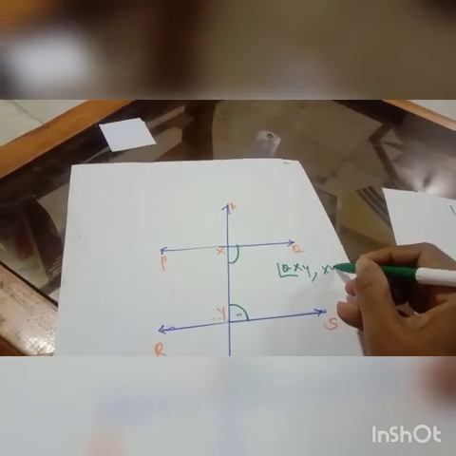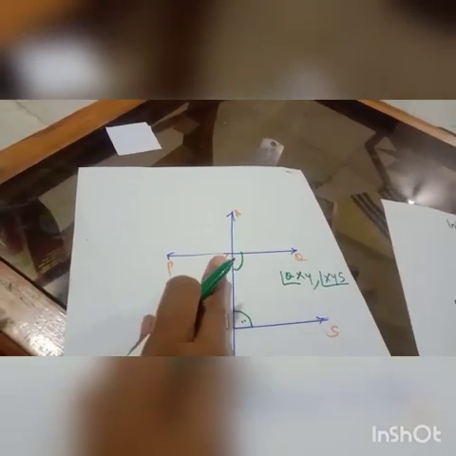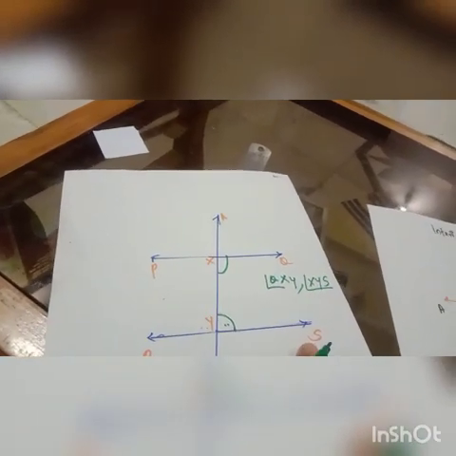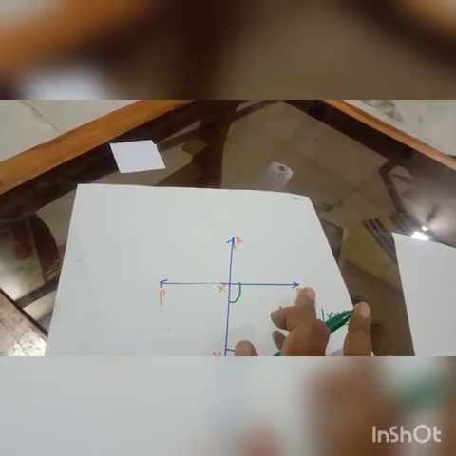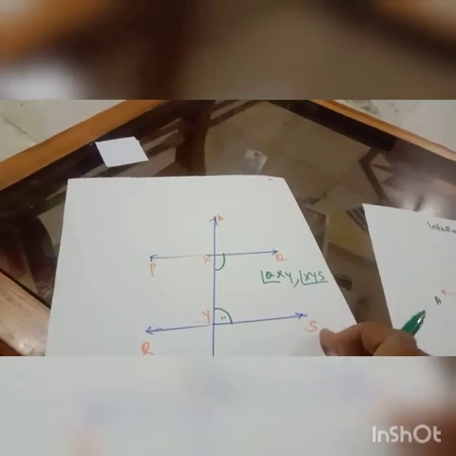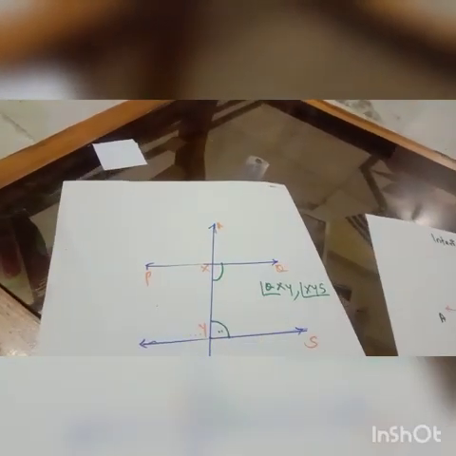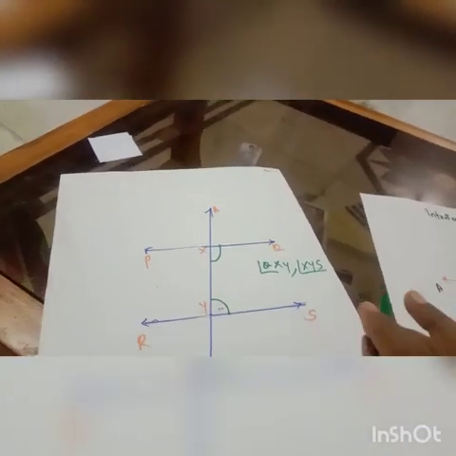X, Y, S. Listen, X, Y, S. Okay, you say the other method. In this X, how can we write? Y, X, Q also you can write. S, Y, X also you can write. Writing is very important.